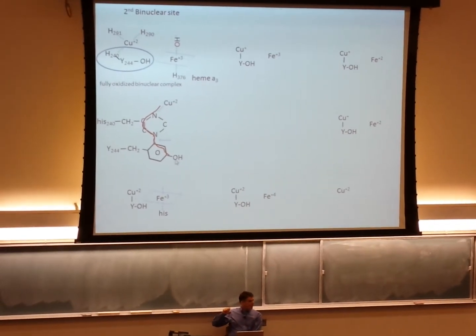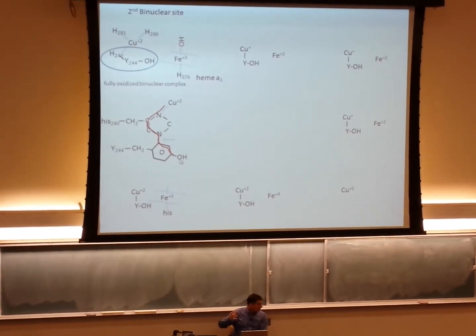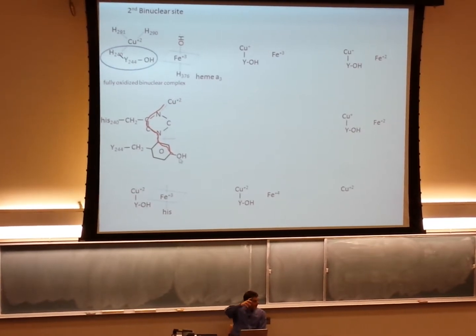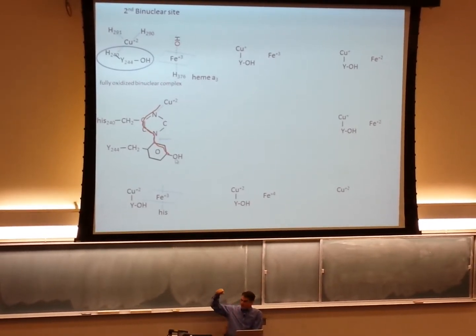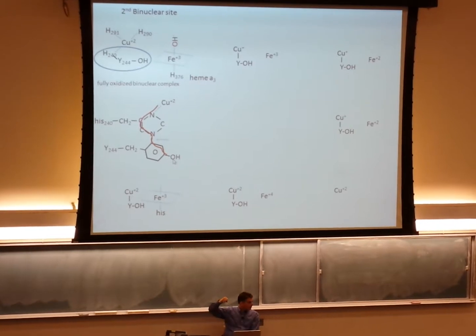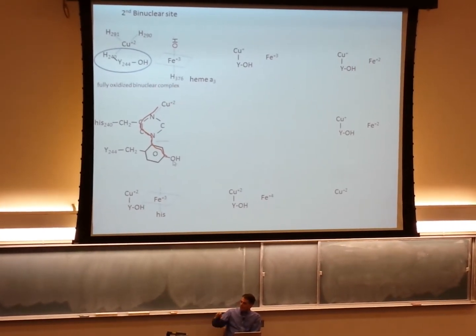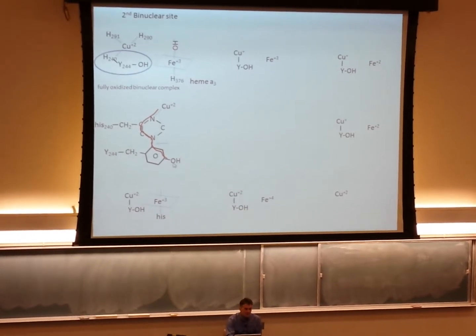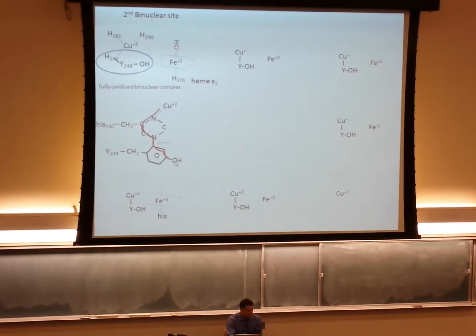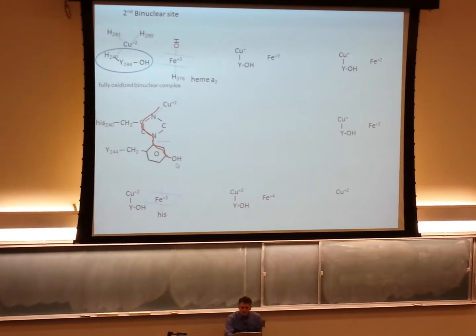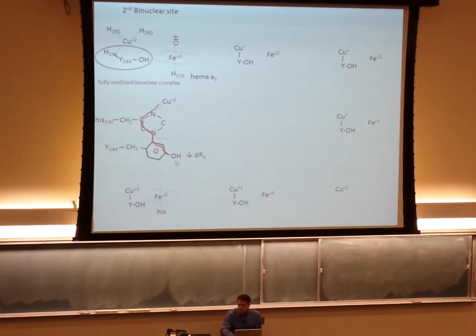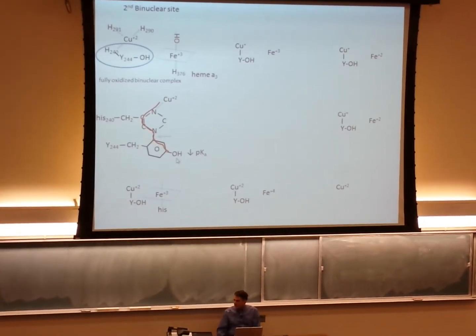The last time we talked about this kind of thing was in aconitase, where the iron of that cube was pulling electrons away from that hydroxyl group. Here it's a copper ion, a metal, that's pulling electrons away from this oxygen, allowing this proton to want to come off, which results in a lower pKa.